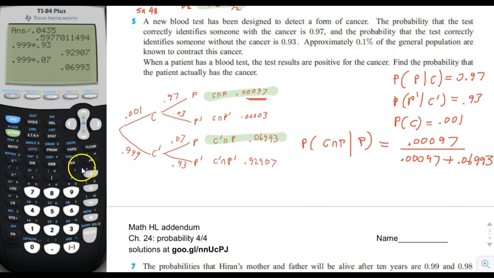So let's see what the denominator is. 0.06993 added together with 0.00097, and we get 0.0709 for the denominator, and the numerator is 0.00097.